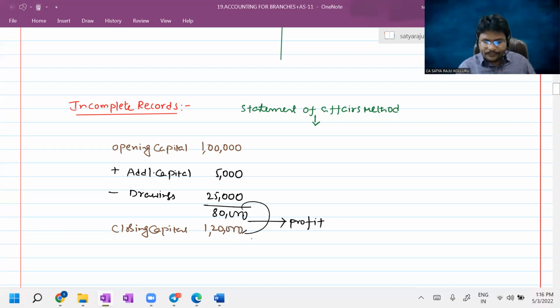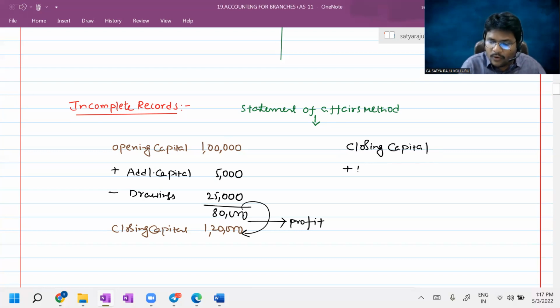So without knowing any expense or income of that particular period, can we ascertain profit or loss, sir? Yes, it is possible. That method is known as statement of affairs. The same thing I explained with figures, I'm going to explain in a technical mode. Please all of you concentrate here. I'll start with closing capital. Is it okay, guys?